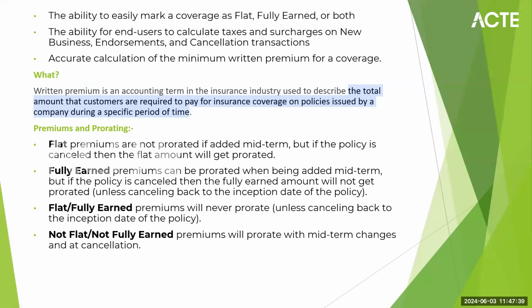Initially, he had taken the insurance for 1 year, and after 6 months he wanted to cancel it. Prorated means it will divide into half. So 1 year divided into half means 6 months. Still 6 months is there, so the amount applicable for the remaining 6 months will be returned back to the customer who has taken the policy.